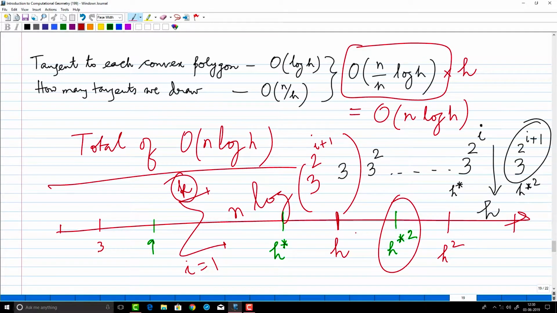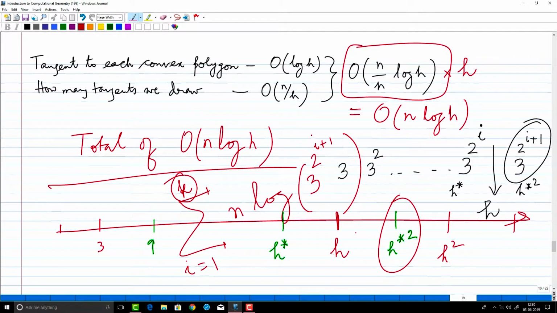Got it? So, then you are doing log n kind of thing. This is even less. I have to make it dependent on h, so then you will have kind of log n thing. My idea is to get to h.